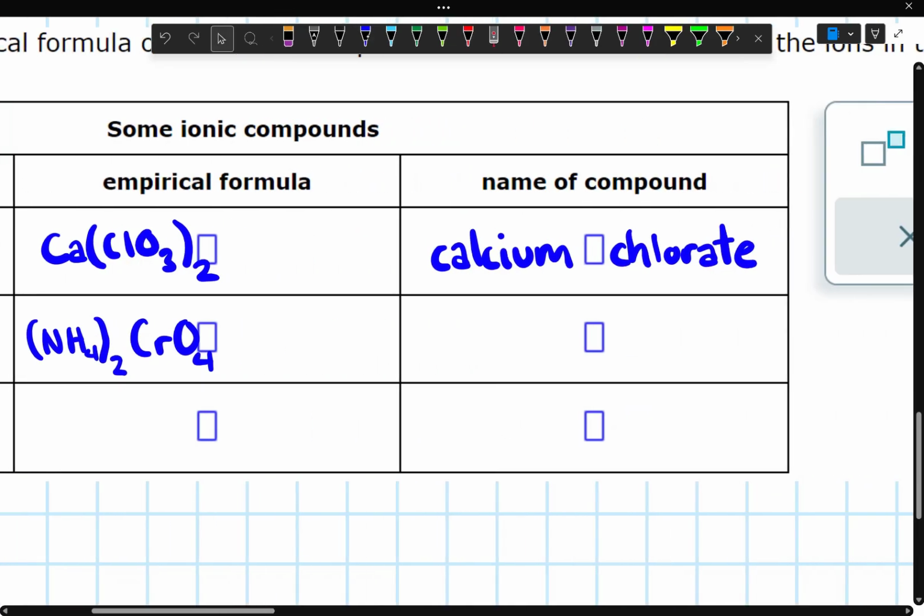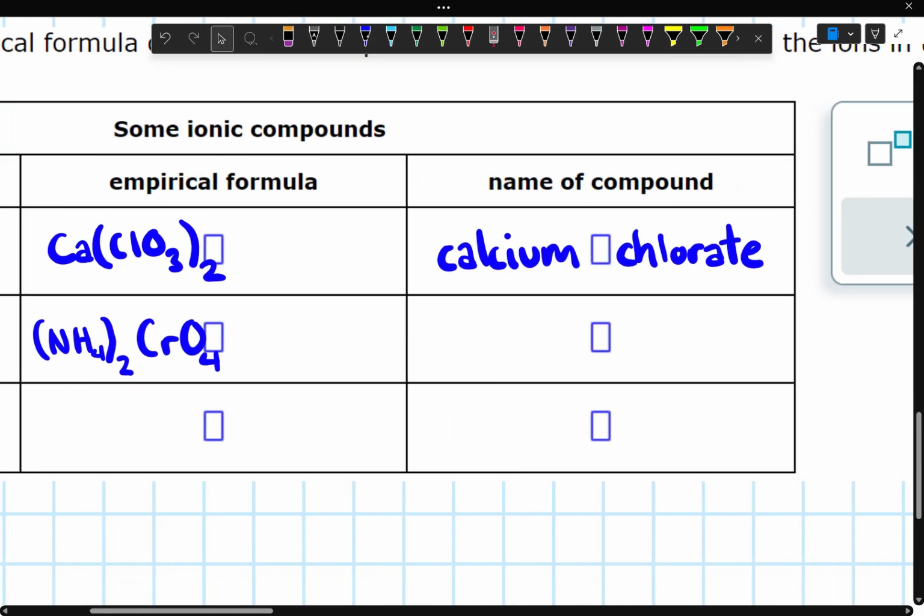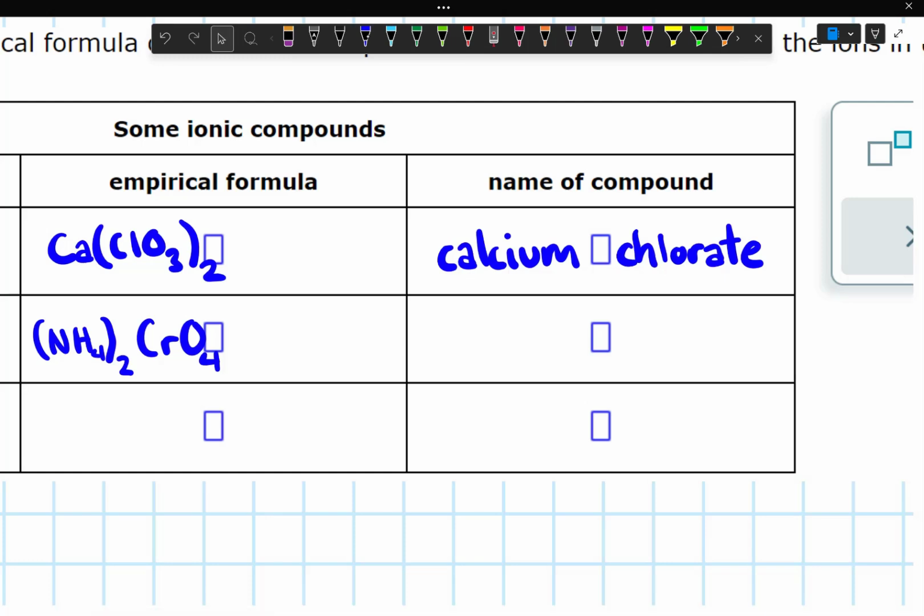And how do we name this? Well, ammonium is not a metal. It doesn't have multiple charges. It only has the 1. So this is just ammonium chromate. Alright.